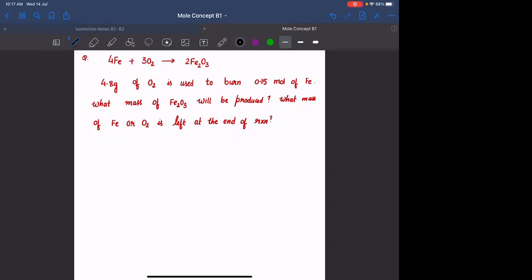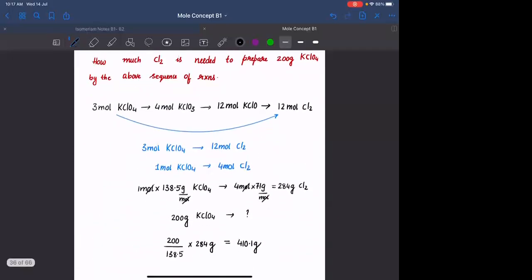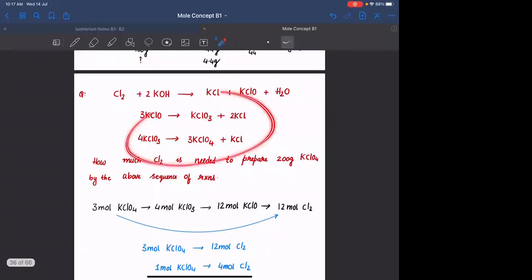You are given O2 in terms of mass. So in order to do the limiting reagent analysis, you need moles. So convert that into moles. सबसे पहले इस क्वेश्चन में किसी को कुछ डाउट है? नहीं है ना? I have calculated the amount of Cl2 required in order to produce 1 mole of KClO4 by using these equations.